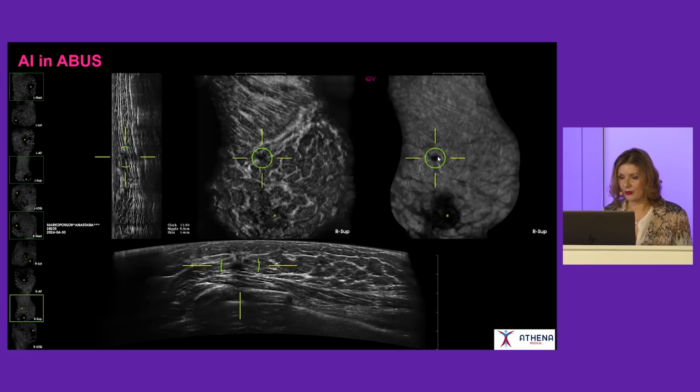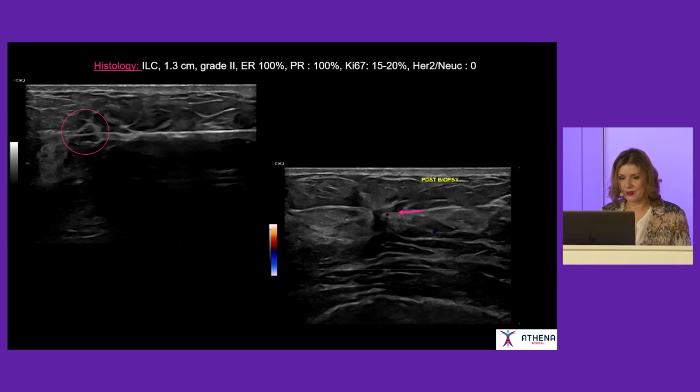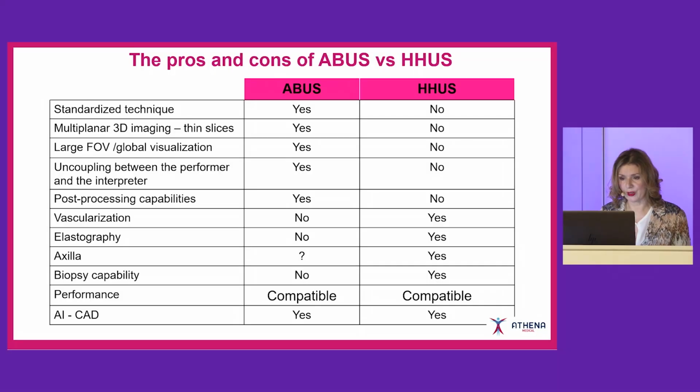It's the area of concern. It is a very tiny cancer. It is very sensitive for detectability, detecting areas of suspicion that are shown as black areas or black holes. And this is the correlate. This was handheld breast ultrasound. This was a small invasive lobular cancer.